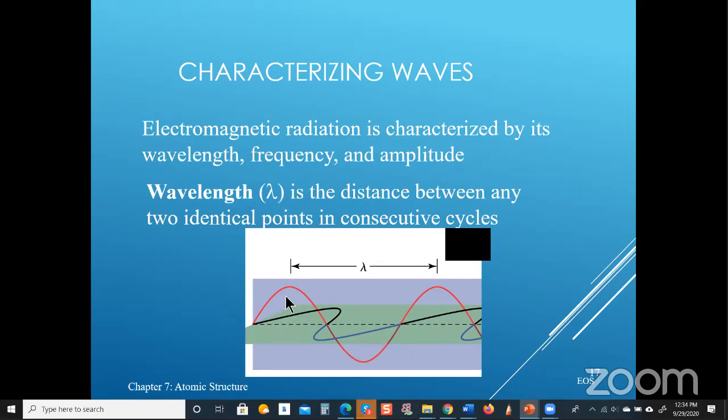So the wavelength would be, for example, the distance between successive peaks or successive troughs. So this is one trough here, and there'll be another one which is not shown over here. That distance is called the wavelength. And the wavelength can be expressed in pretty much any unit of length, meters, millimeters, centimeters, etc. All right? So that's the wavelength.